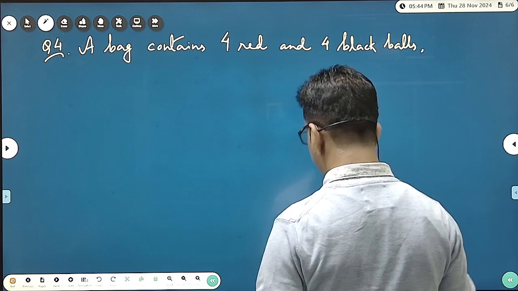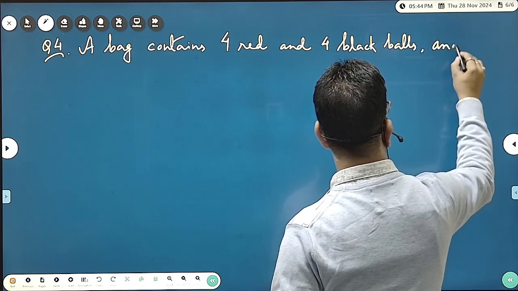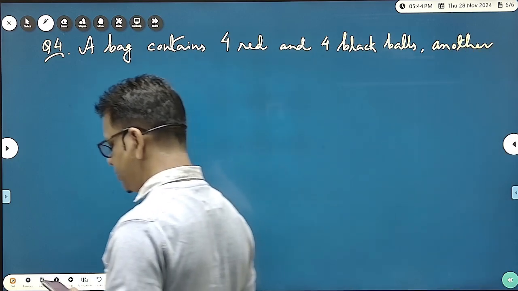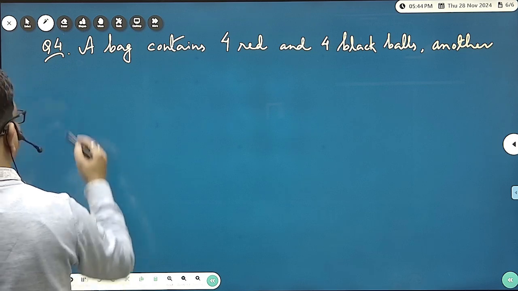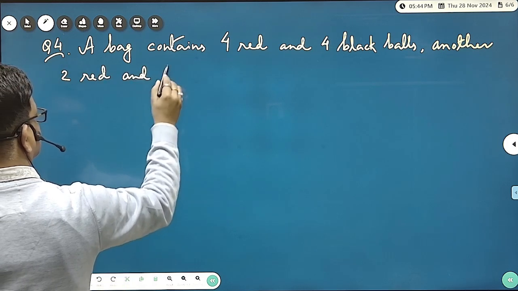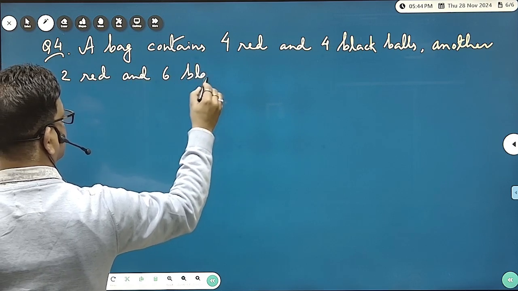Another bag contains 2 red and 6 black balls.